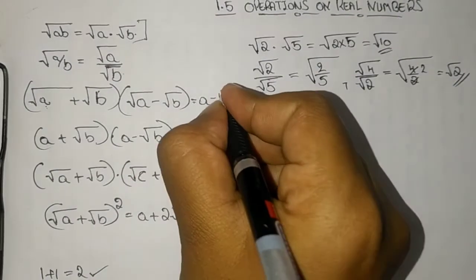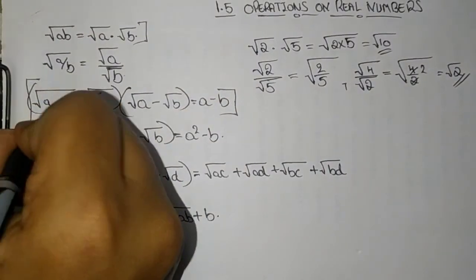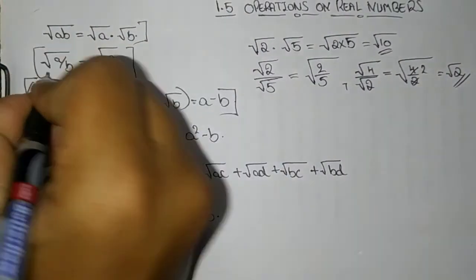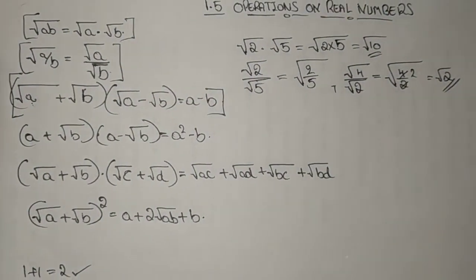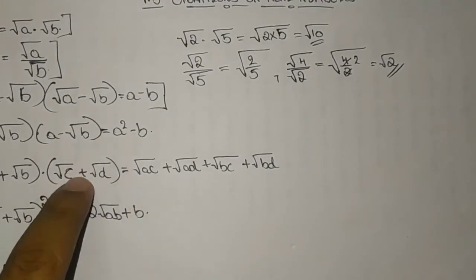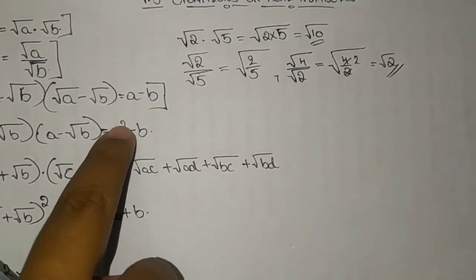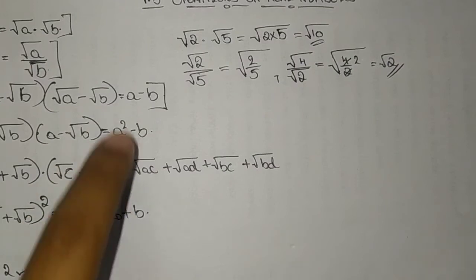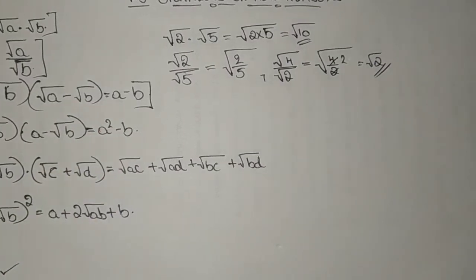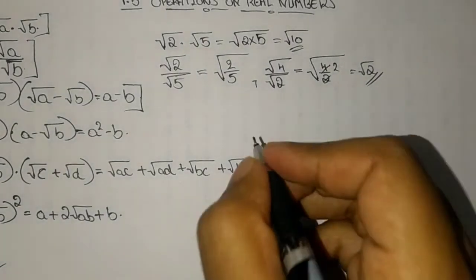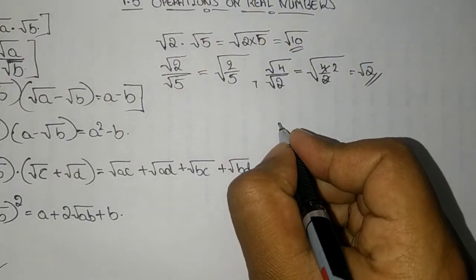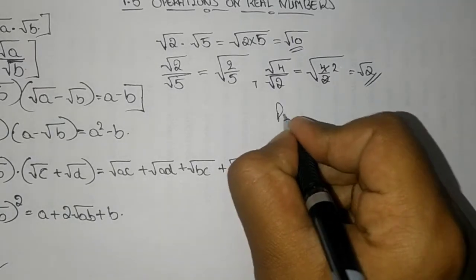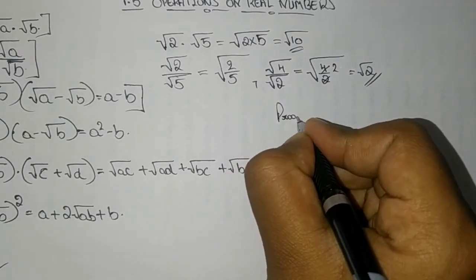This is a ready result. These are ready results. How? I will prove one, and the proofs of these statements are not needed. You need to memorize and remember this. If you are good at mathematics, even remembering is not required. I will show you the proof of the third statement.